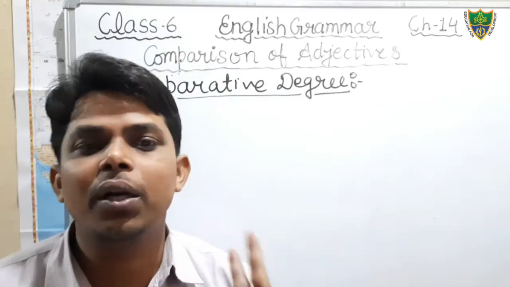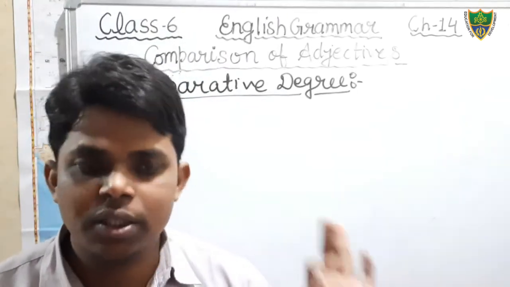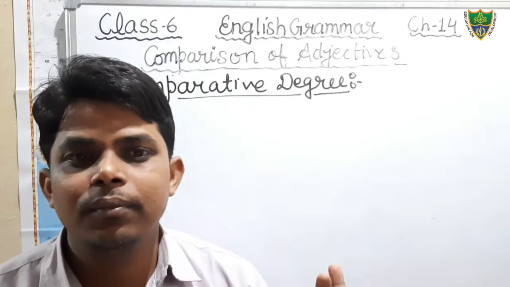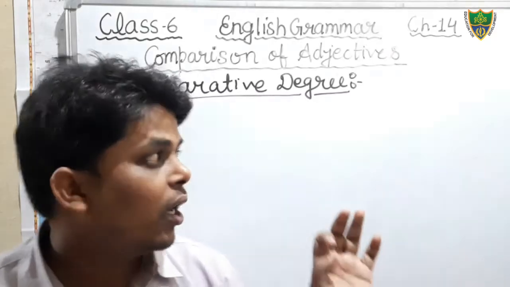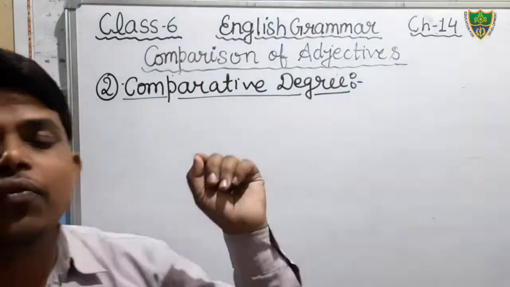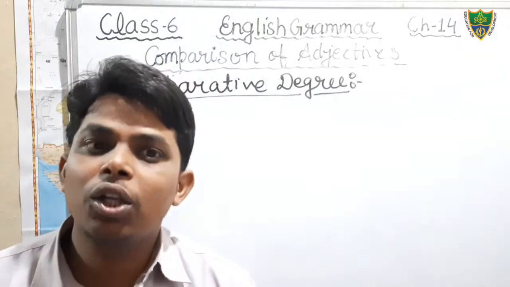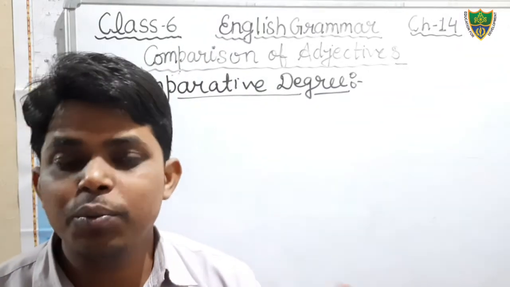There are two people involved, two things involved, and to construct the comparative degree, we add ER to the positive degree.